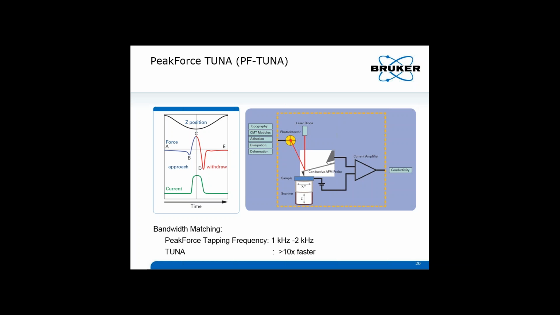People have tried, but they didn't succeed in getting a current image simultaneously with the topography, because the tip needs to park at selected spots and take enough time to take the current measurement in contact mode or in the tapping mode. Because the tapping mode is working at around 50 kilohertz, which is the resonance frequency of the probe.